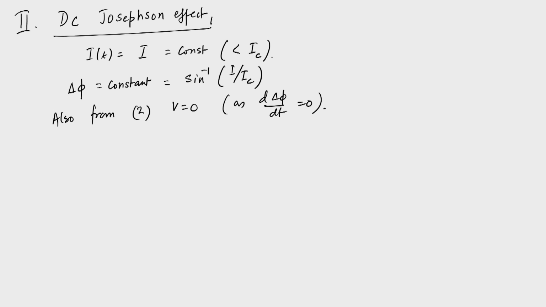Now, this Josephson effect can be very nicely understood from flux quantization. Just to remind you what flux quantization is and why it comes: in a superconductor, if we put it in a magnetic field, then the information about the magnetic field enters through the phase of the condensate wave function.